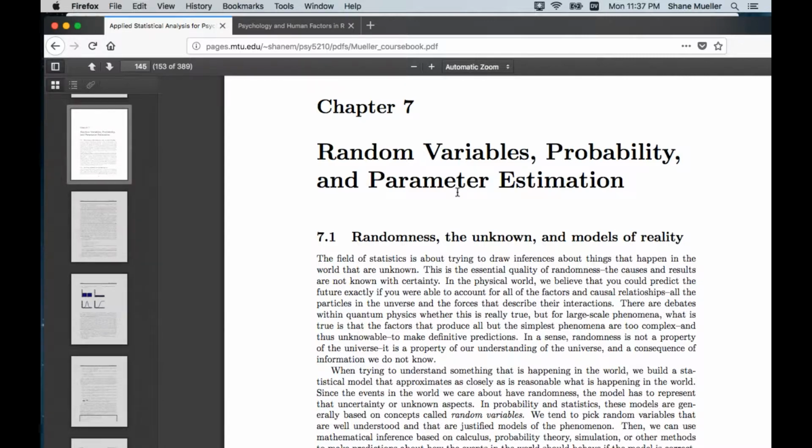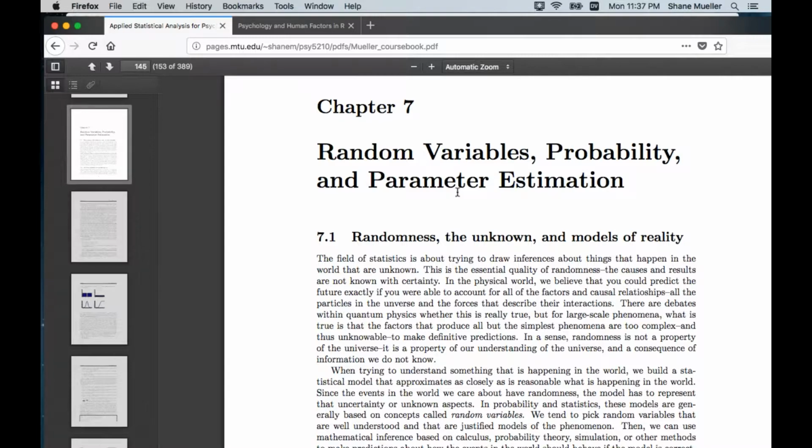But we have this notion that we call randomness, and really the notion of randomness is one of unknown factors. There are unknown processes, unknown information, unknown forces, unknown aspects of anything that happens, meaning that you don't know it, and so you can't predict the outcome 100% of the time.